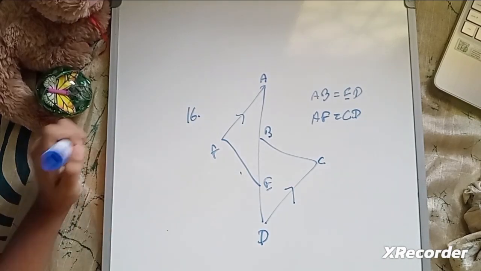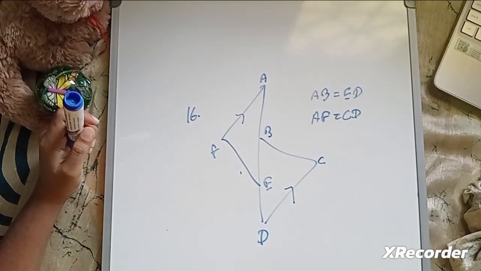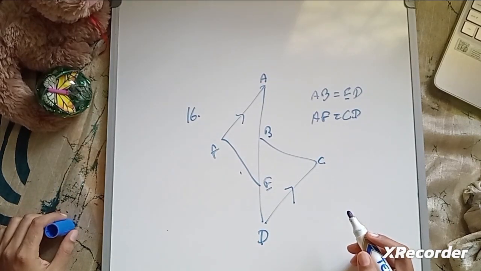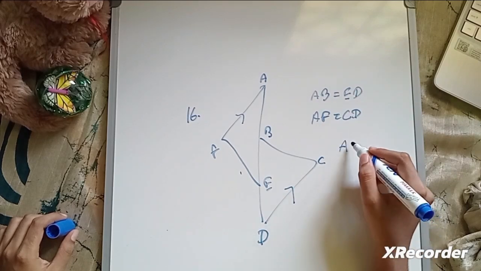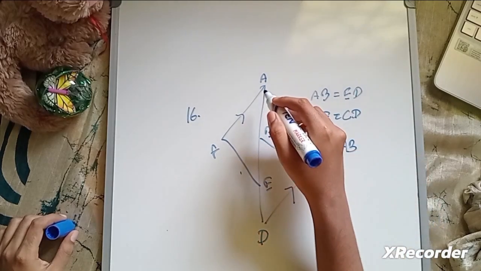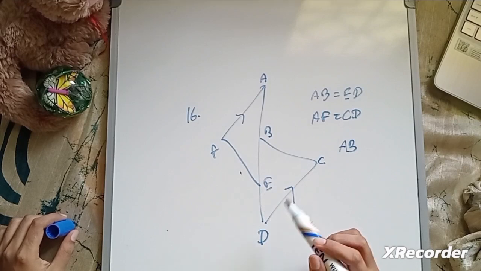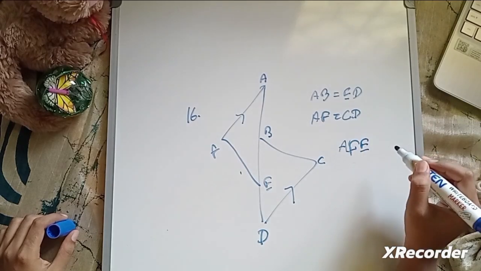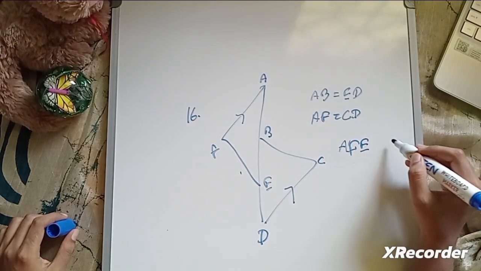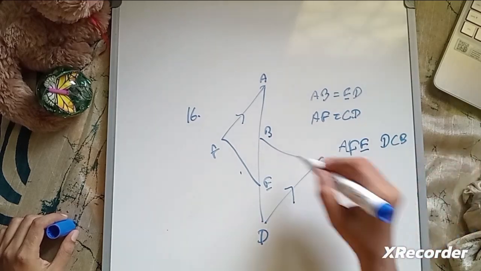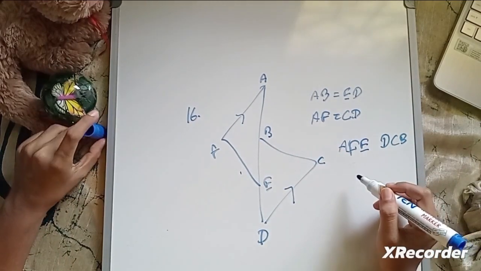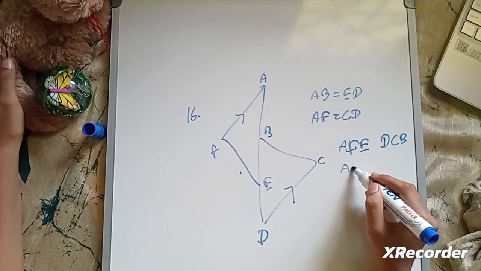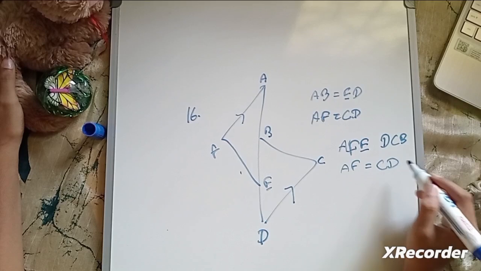You can say, in triangle AFE and this triangle DCB, we can say AF equals CD, they have given that.